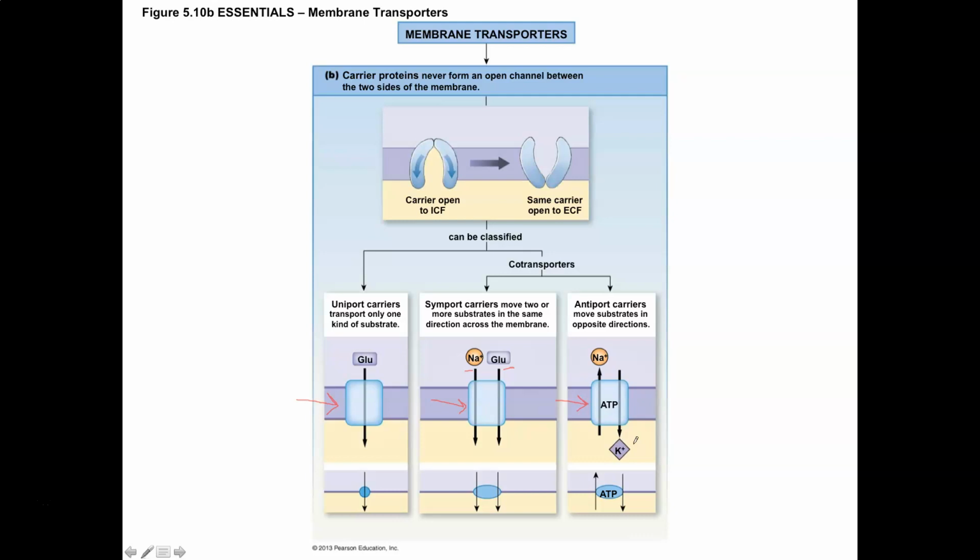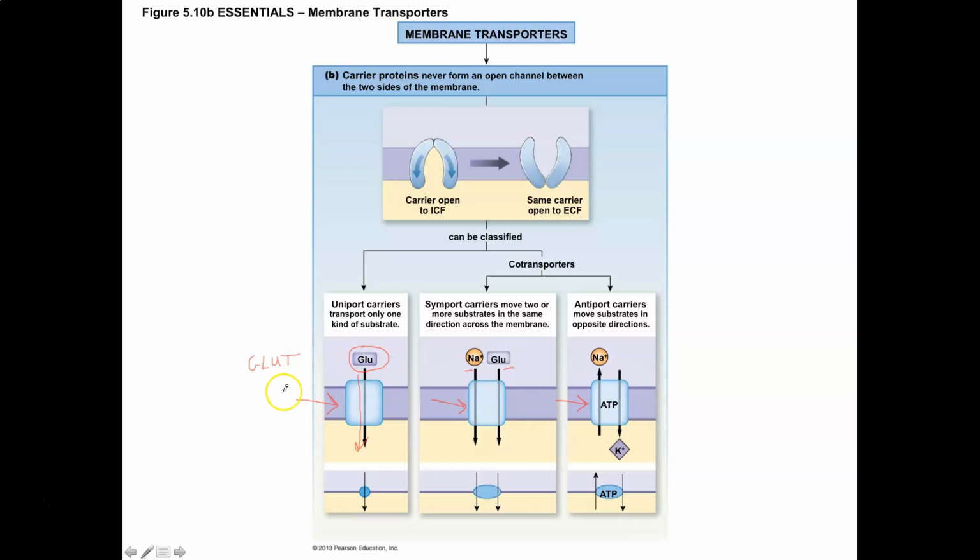If it's a uniport carrier, uni means one. So here in this example, this is one glucose. That one glucose moving across the plasma membrane, we're talking about a uniport carrier. So that's a uniport carrier protein moving glucose across the membrane. A good example of this are the GLUT transporters.